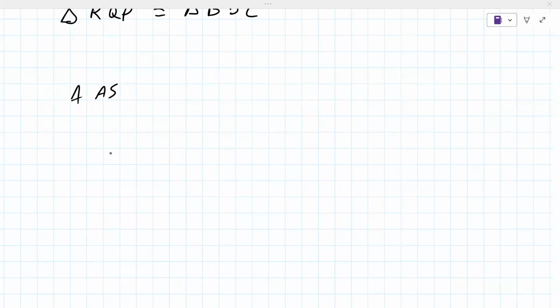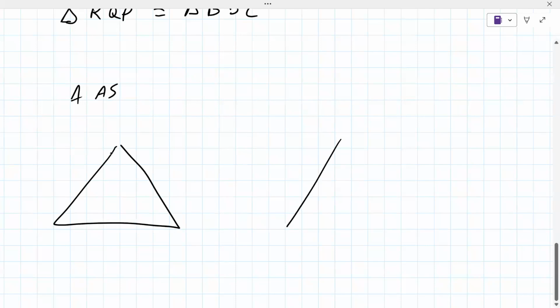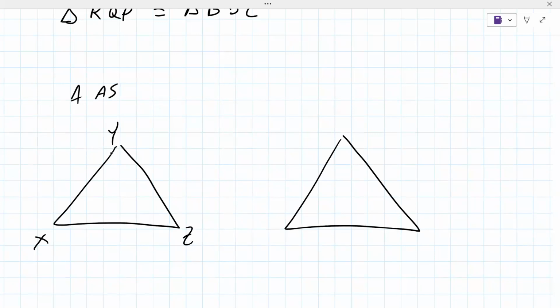All right, so I'll just do another one here. X, Y, Z, L, M, N. So we'll go angle, angle, angle, angle, and then it's the next side.